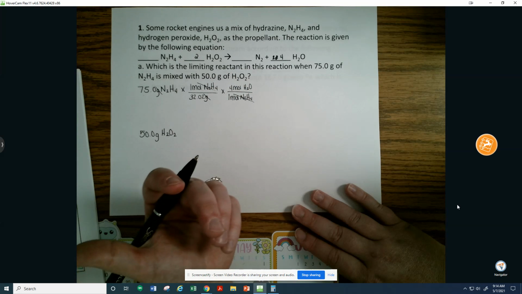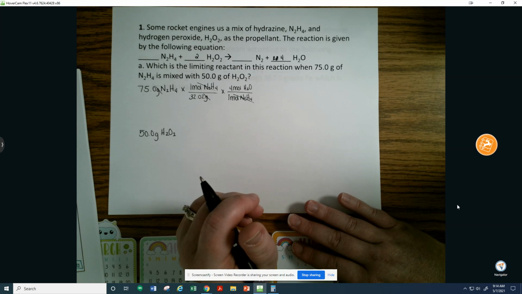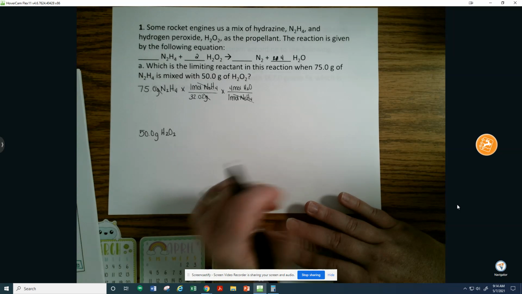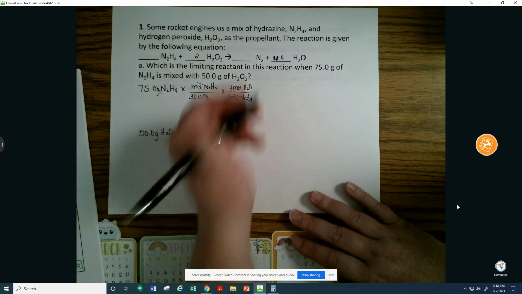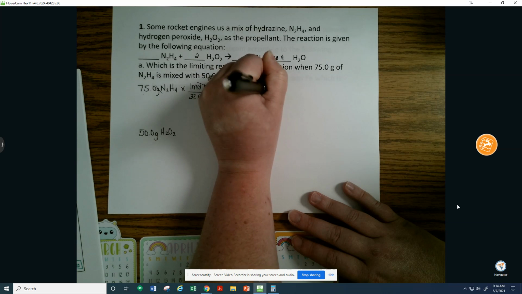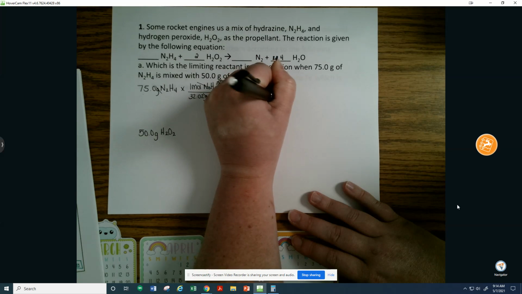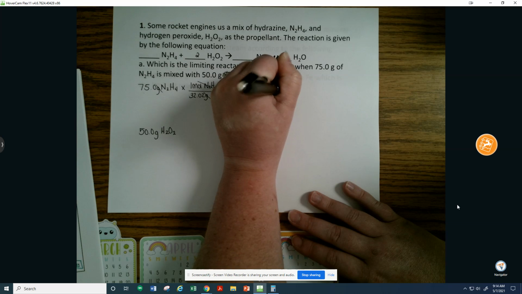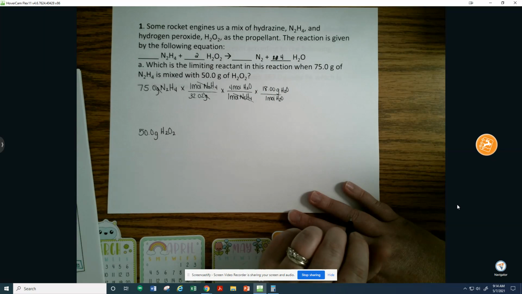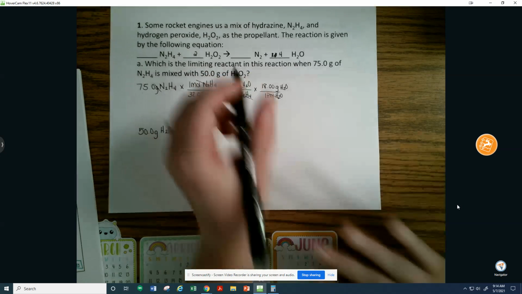To make this easier to comprehend, we are going to then convert moles to grams. Again, to do that, we need molar mass. We are at water, so we need water's molar mass. And we've worked with water a lot. Water, with the 2 hydrogens and 1 oxygen, is 18. And again, we're going to multiply by that 18, divide by 1.